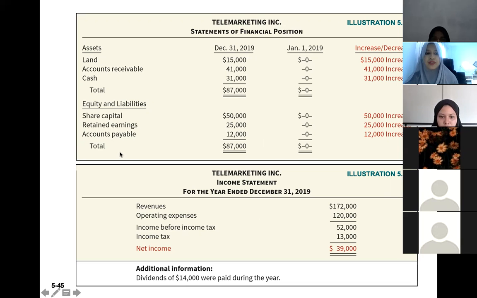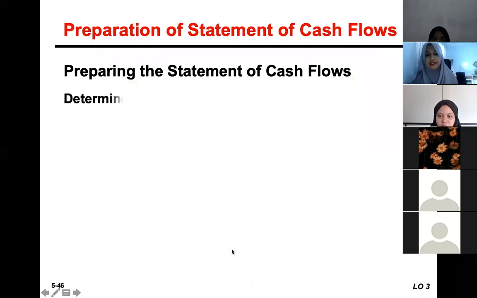It is the opposite for current liabilities, for example account payable. As the beginning of the year is 0 and the end of the year is 12,000, there is an increase in current liability. If there is an increase in account payable, it means we are not paying, so no cash goes out. That's why it is added.